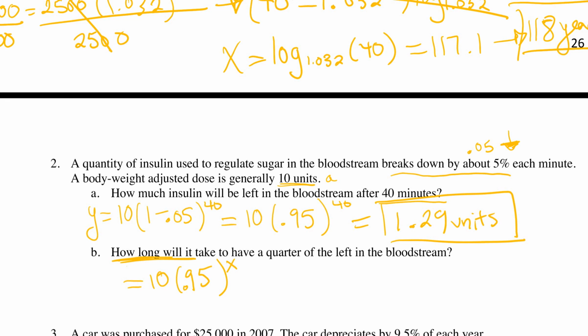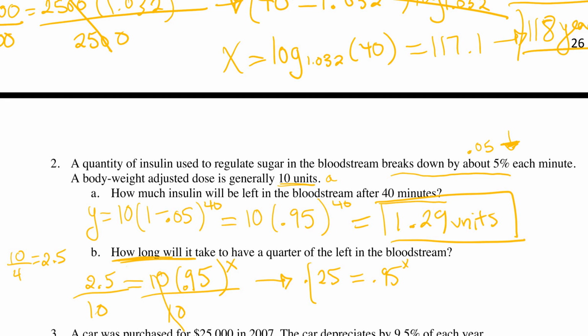Now a quarter of 10, you want to divide 10 by 4, which will give you 2.5. So you want your end value to be 2.5. So what do you do to get x all by itself? First, you divide both sides by 10. When you do so, on the left, you get 0.25. On the right, you get 0.95 to the power of x.